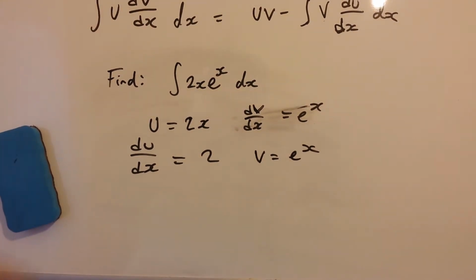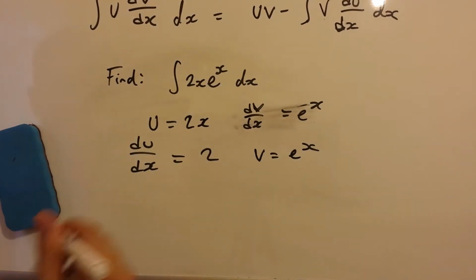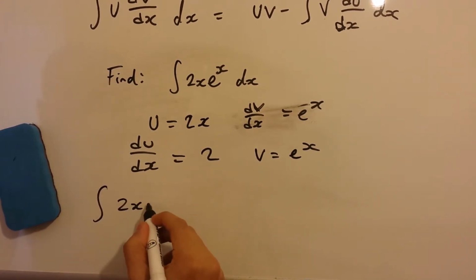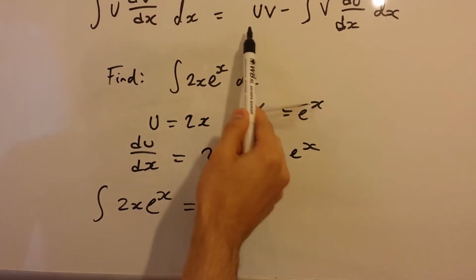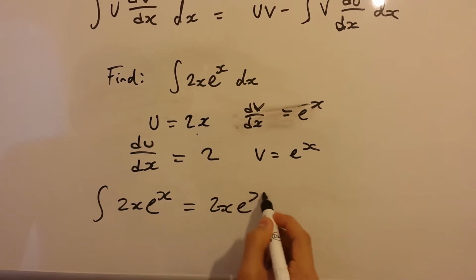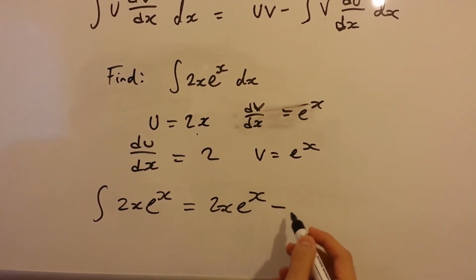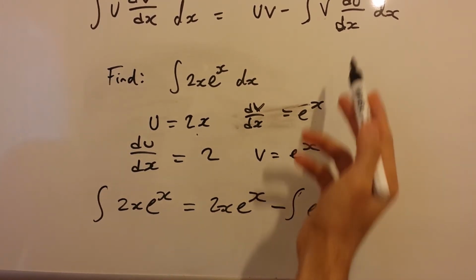And if we now substitute this into the formula, we'll get the integral of 2x multiplied by e to the x, and that's equal to u multiplied by v, which is 2x multiplied by e to the x, take away the integral of v multiplied by du over dx, which is e to the x multiplied by 2.